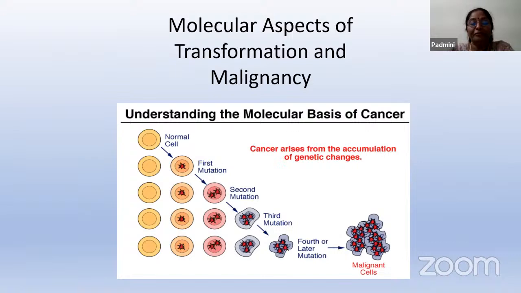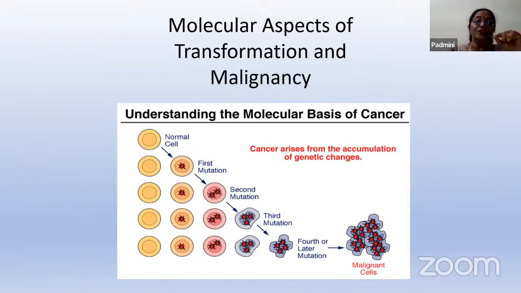But if this is carried forward, in the second mutation it is going to grow in number. And if it carries forward in the third and the fourth mutations, then this is going to lead to malignant cells. Why? Because the cells have lost the proteins that give the signal pathway to start the cell cycle and to stop the cell cycle.